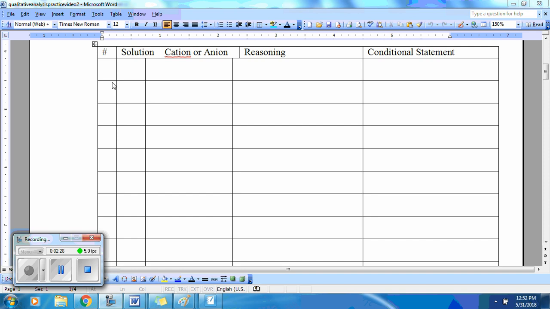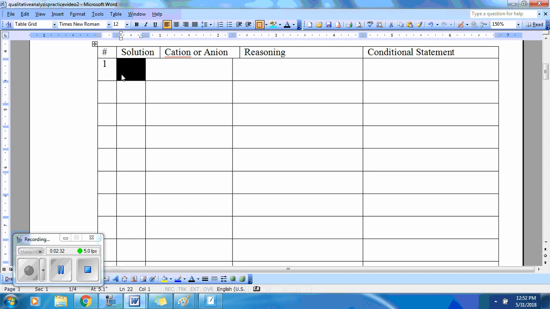Now I look at my reasoning sheet, and this is solution number 1. It applies to all of them. This is the cation.